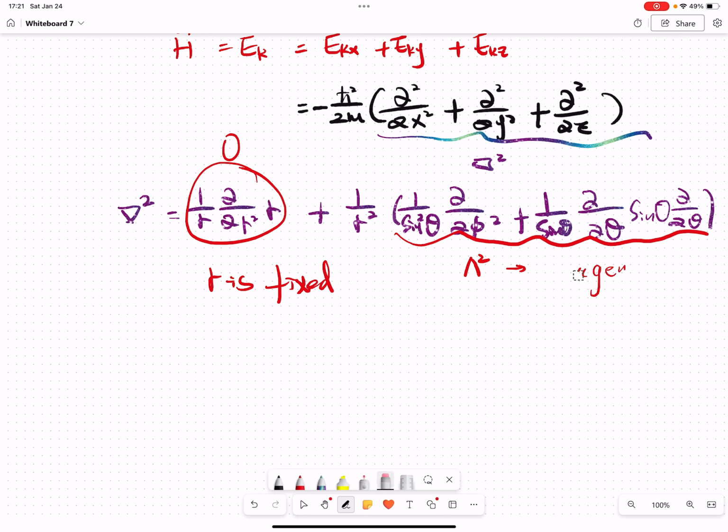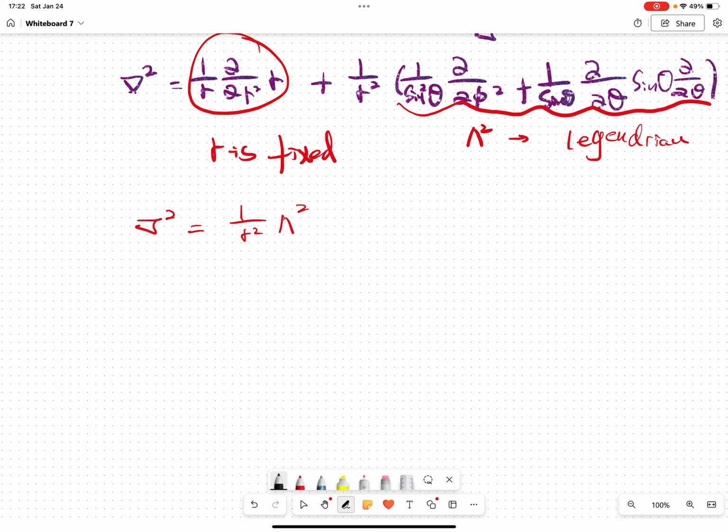I don't know how to pronounce it. In that case, this operator can be written as 1 over r squared times this angular operator. With that, we can actually write down the Schrodinger equation.